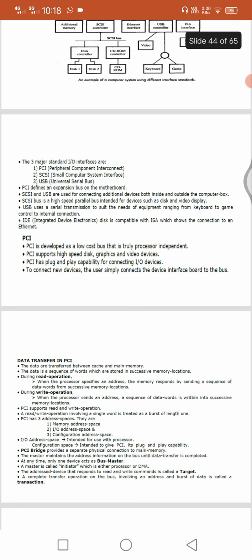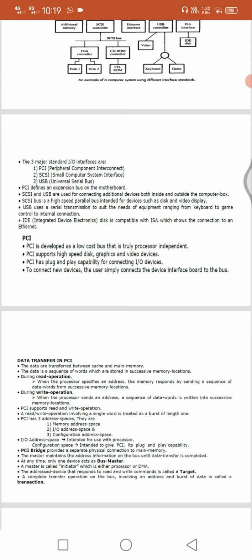So the three major standard input and output interfaces are PCI, SCSI, USB. Coming to PCI, it is Peripheral Component Interconnect. Next one, SCSI, Small Computer System Interface. Next one is USB, Universal Serial Bus.